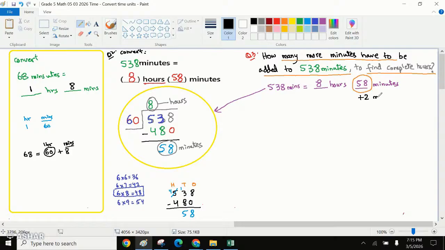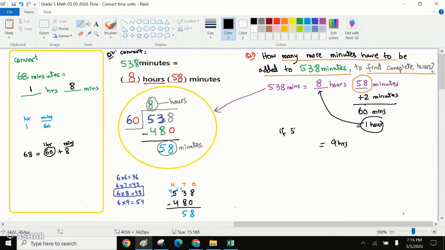If we add 2 more minutes, would it become 60 minutes? And can we say 60 minutes would be equal to 1 hour, right? So now the number of hours would change to 9 hours.